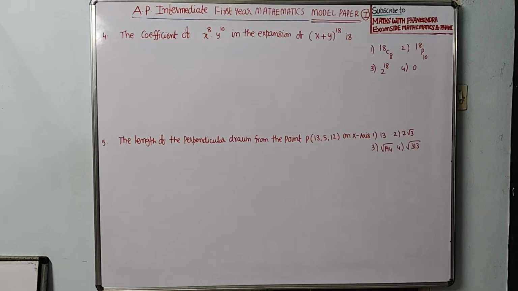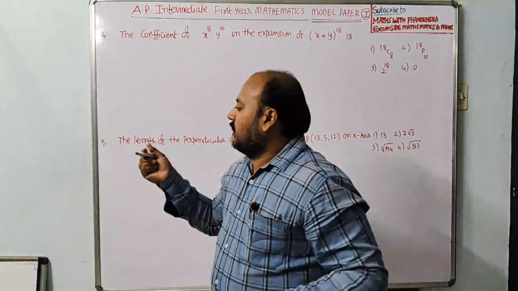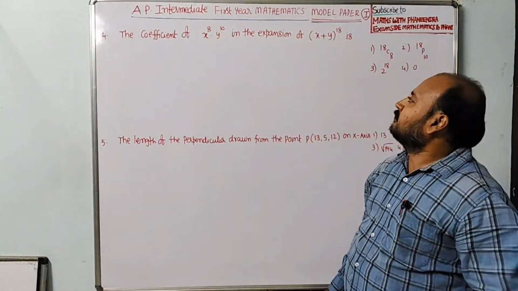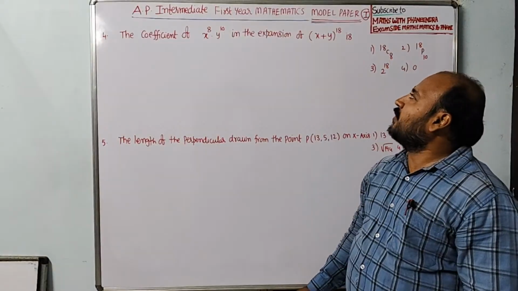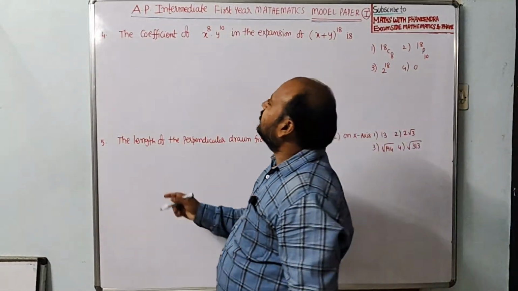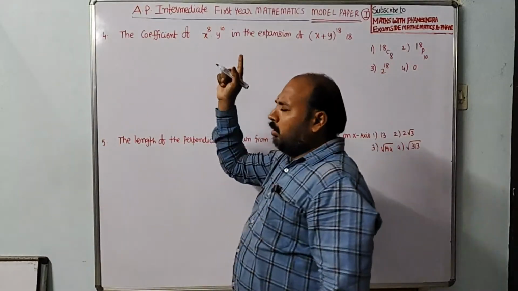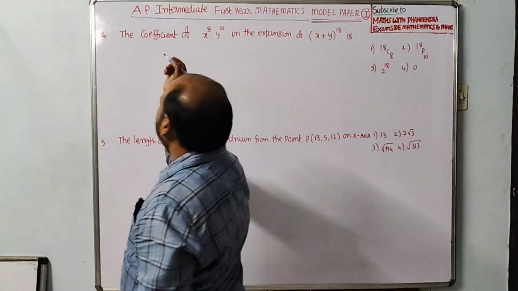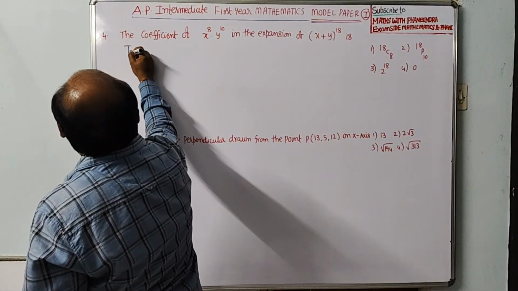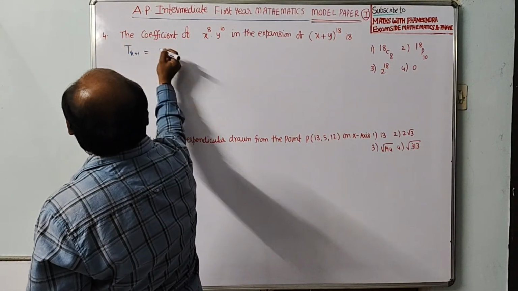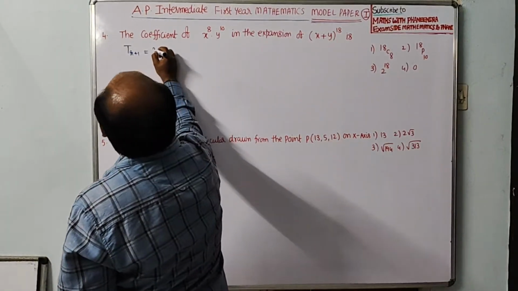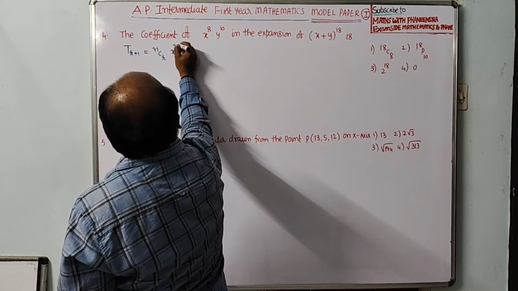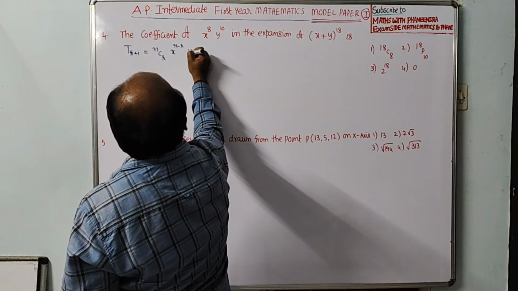See in what way we will go about it. x power 8, y power 10, in (x plus y) whole power 18, I want to get it. In the general term, the highest one is y power 10. Generally, the formula is T(r plus 1) equal to nCr x power n minus r y power r.